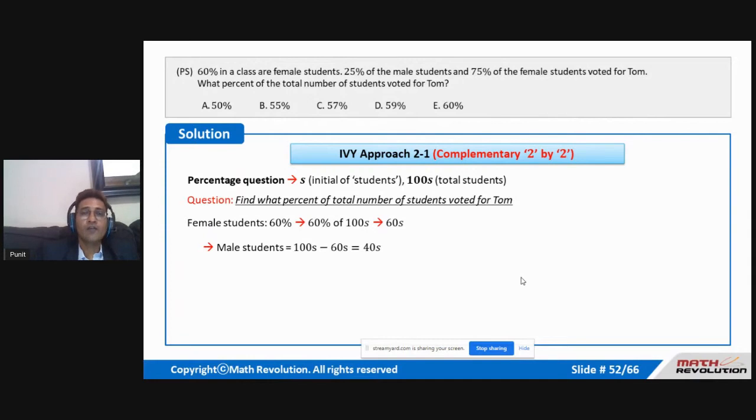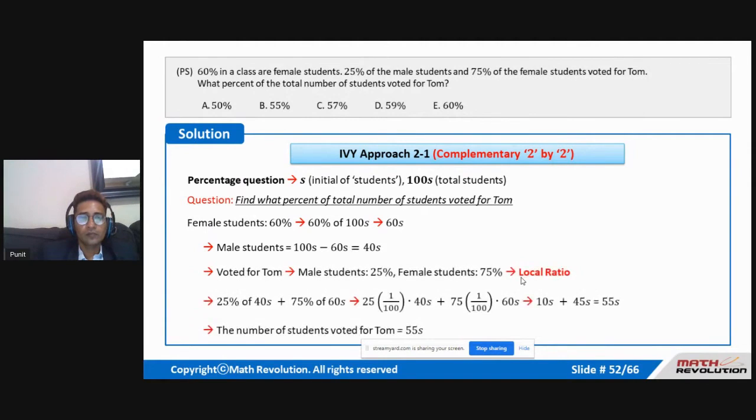100 minus 60 would be 40. Those are the male students. Male students who have voted for Tom are 25%. Female students who have voted for Tom are 75%, so those are the females out of females.